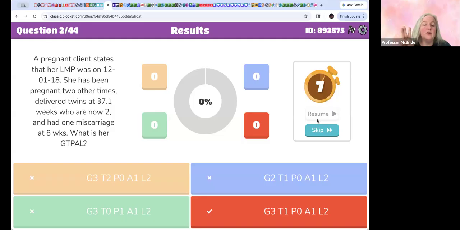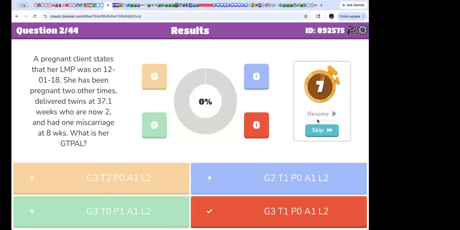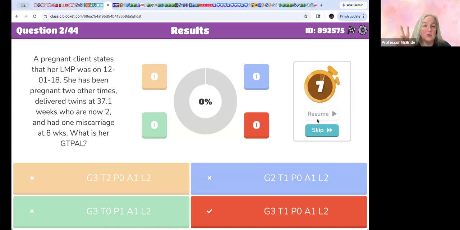She delivered twins at 37 and 1 and that are 2, and she had a miscarriage at 8 weeks. So what is her G? 3. She's pregnant now. She was pregnant with the twins, and that counts as 1 pregnancy, and then she was pregnant with the baby that she miscarried. So her G is 3.